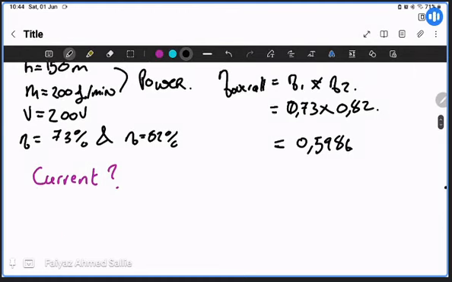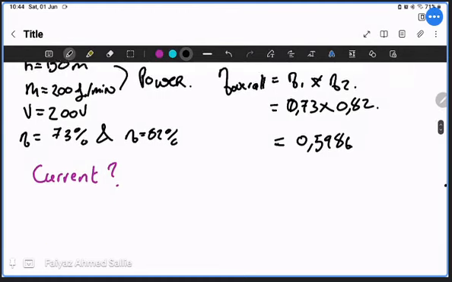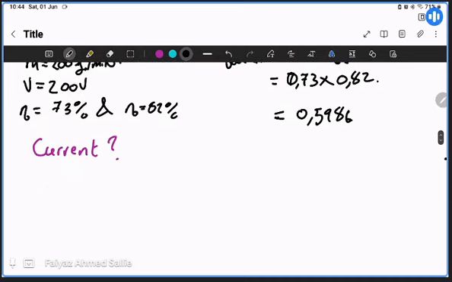So how are we going to find power? So we know that there are like two triangles, right? Who still remembers what are the triangles that we use for ELC? Does anyone still remember from the last lesson the triangle that we use?